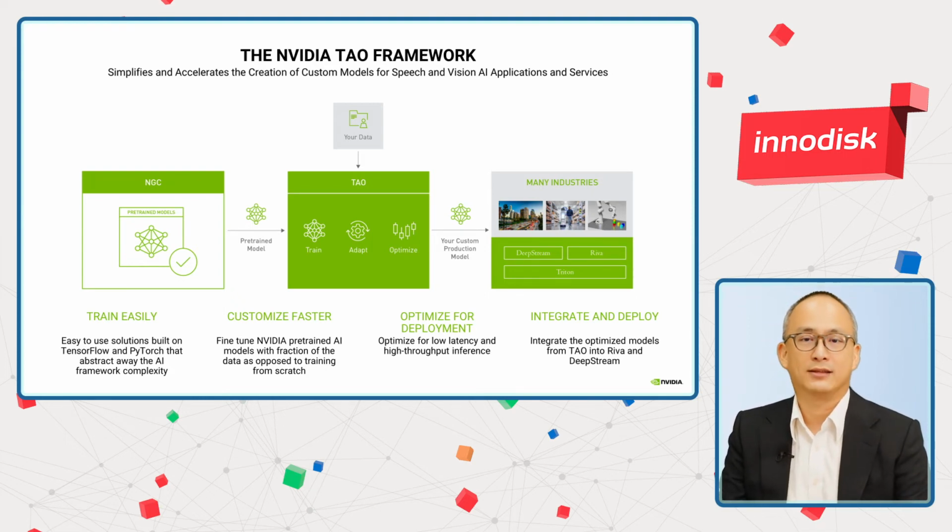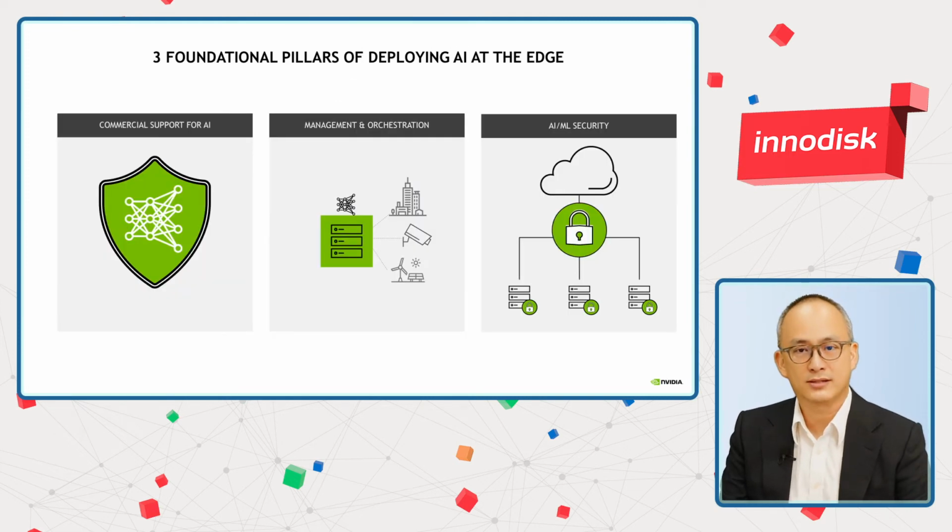And we all know that AI at the edge is booming and rising quickly. So how to address AI application deployment at the edge? We see there are three major challenges. First, commercialized support for AI. Second, how to orchestrate and manage all these AI applications at the edge. Third, AI and ML model security.